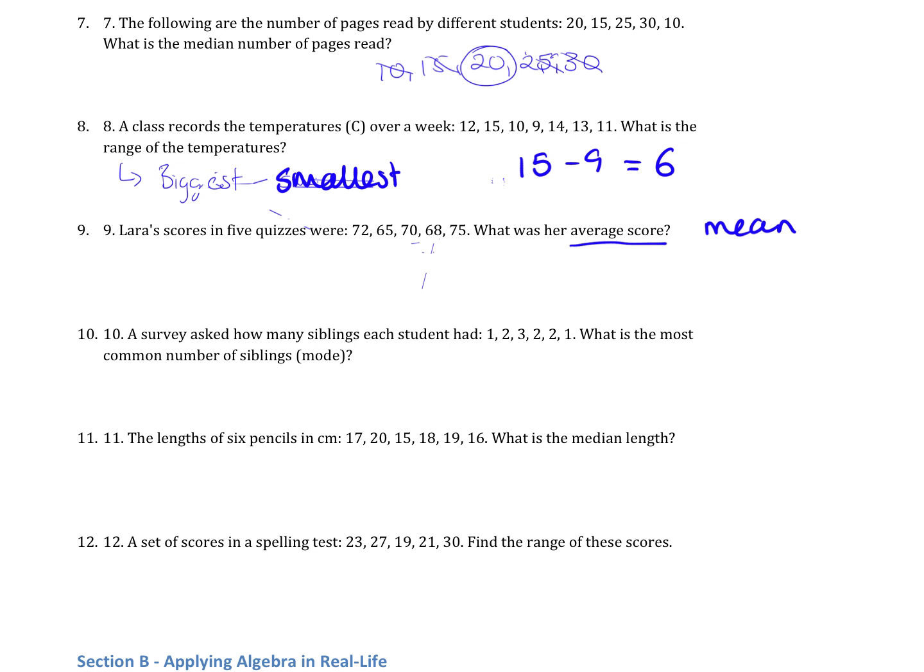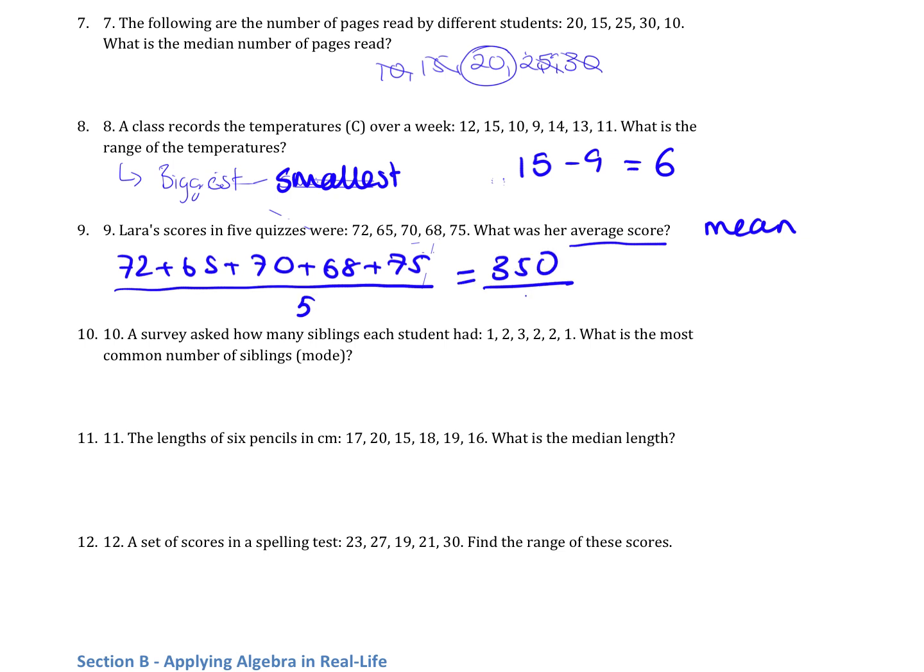Add them all up. So 72 plus 65. And then what will I do? Add them up to get 350, and there's 5 numbers, so 350 over 5. What's that going to give me? 70. Good.